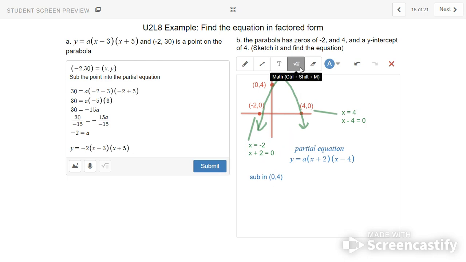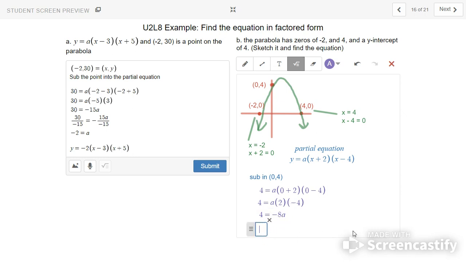So when I substitute it in, we have 4 is equal to a times (0 plus 2)(0 minus 4). We have 4 is equal to a times 2 times negative 4, and 4 is equal to negative 8a.